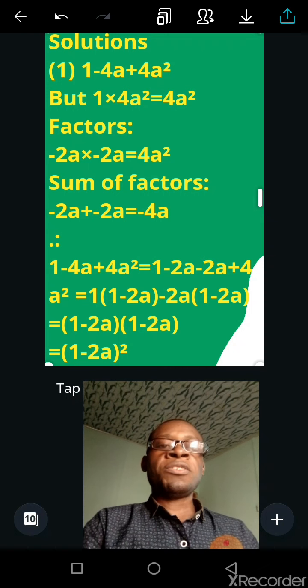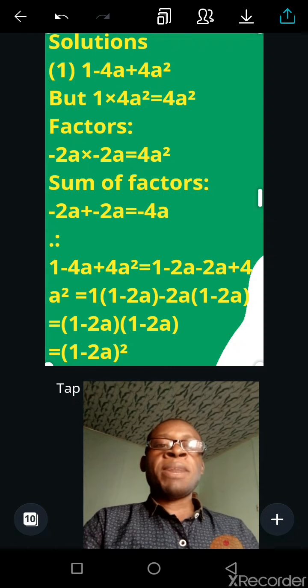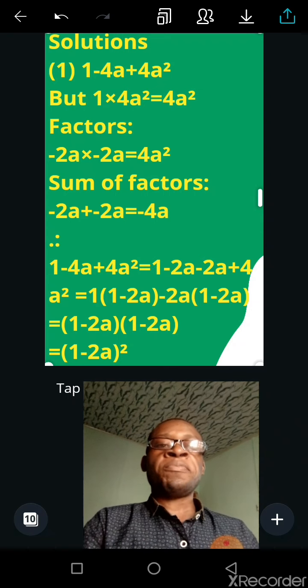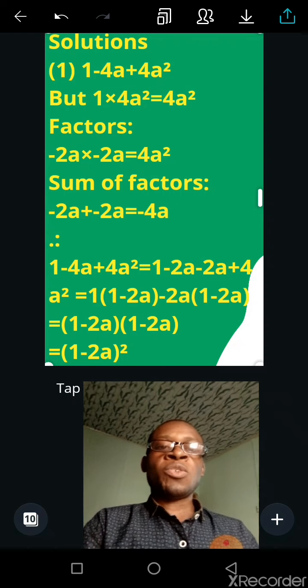equals 1 minus 2a minus 2a plus 4a squared. What we have done there is to replace the minus 4a by minus 2a minus 2a so that we can have 4 terms. By having these 4 terms, it will enable us to divide the terms into 2 groups of 2 terms each. So we now do that.